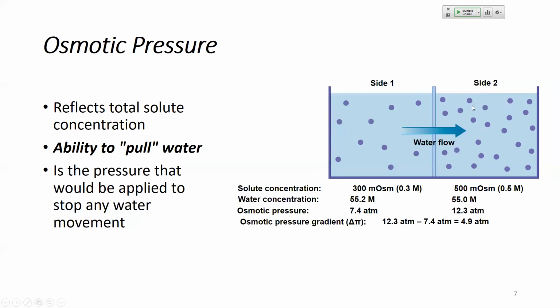Whereas on side 2, there are more solutes, hence a greater osmotic pressure. And again, this is the side that has the stronger pull. So water is going to move from side 1, where there's less of an osmotic pressure, over to side 2, where there's a stronger force pulling it. And this is osmotic pressure, this ability to pull water to the side that has the greater solute concentration. All right, any questions on that?